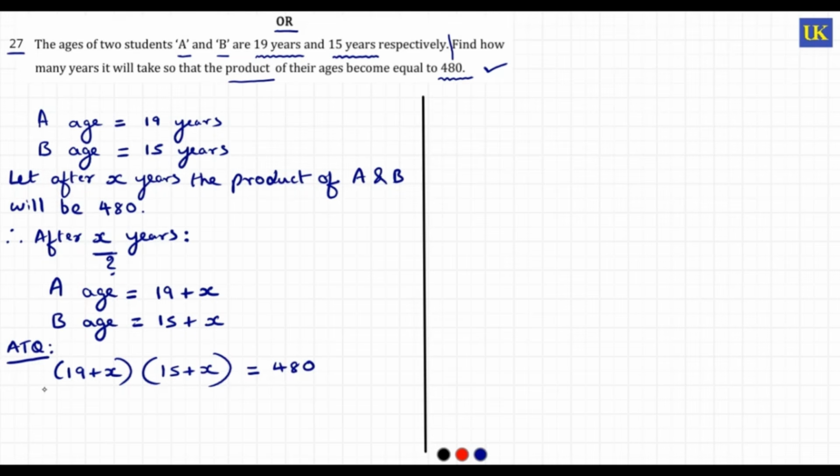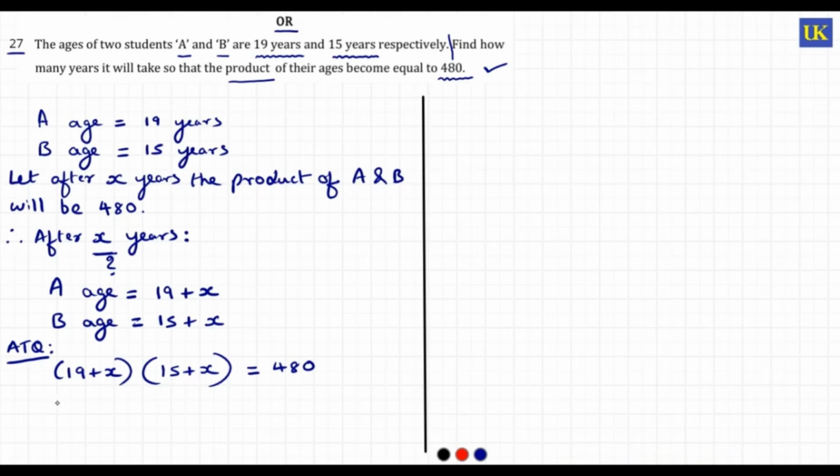Now we'll solve it further. What I'm going to do is break and multiply here. I'll take 19, multiply once with 15 and once with X, and then I will take X, multiply with 15, and then once again take X and multiply with this X.